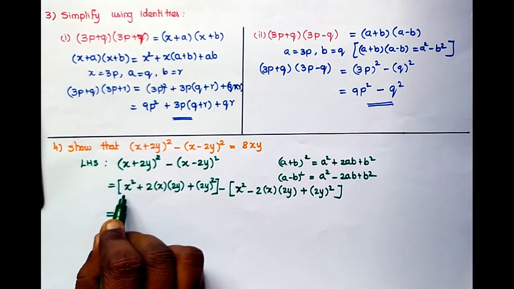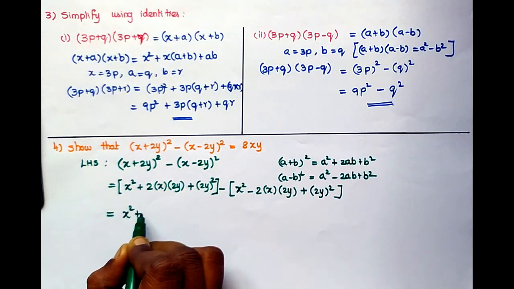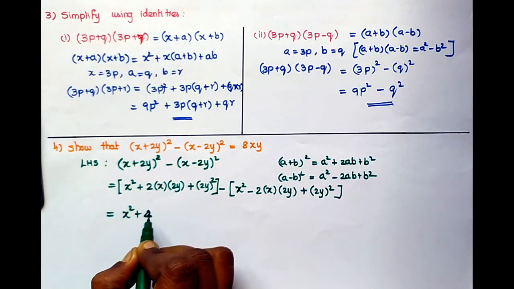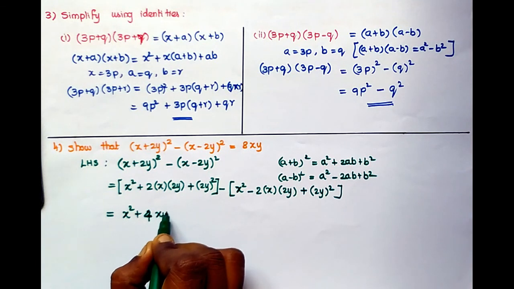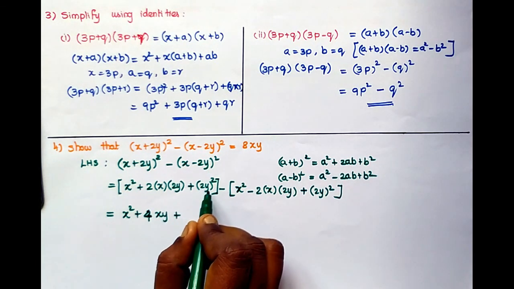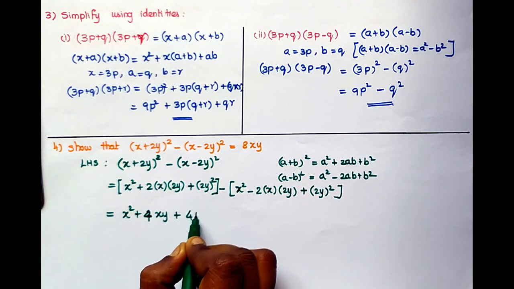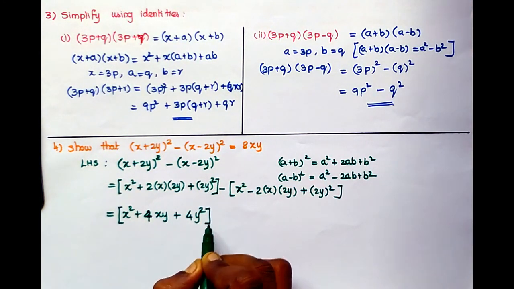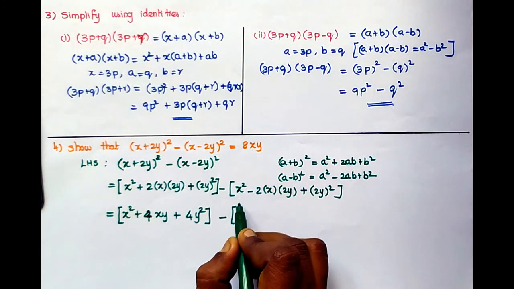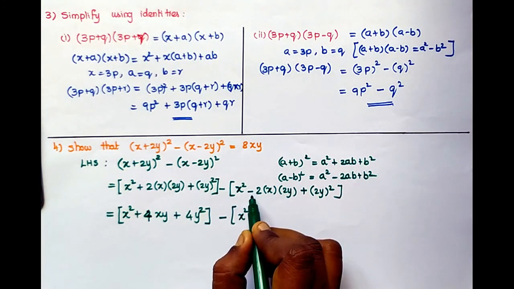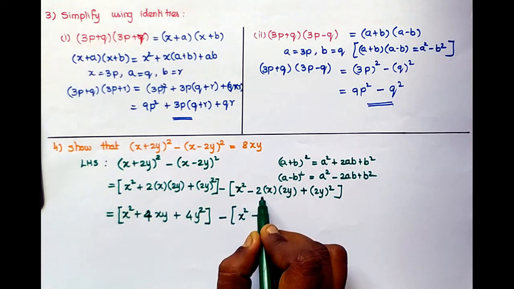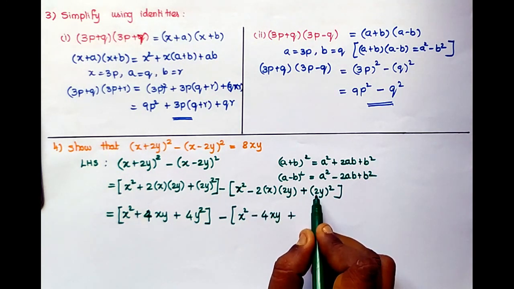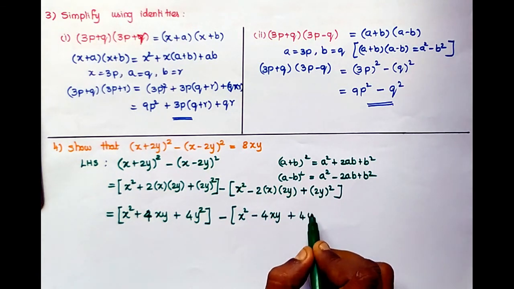Now listen, x² plus 2 into x into 2y, 2 twos are 4, xy, plus (2y)², 2 squared is 4, y², minus here x² minus 2 twos are 4 xy plus 2 squared 4 and y².